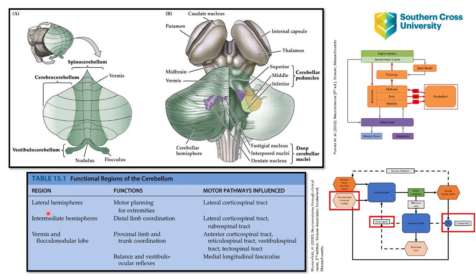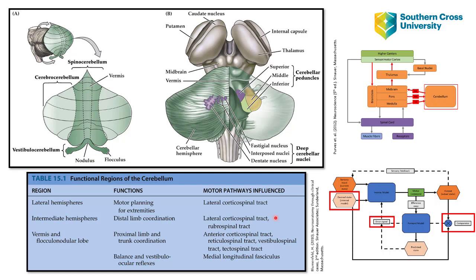These intermediate hemispheres, as they're called, help to control the distal limb coordinations. Once we combine the plan with what is actually happening, we send that back up to the thalamus and to the motor cortex and the premotor and supplementary motor areas, to once again influence the lateral corticospinal tract, those upper motor neurons in the motor cortex.